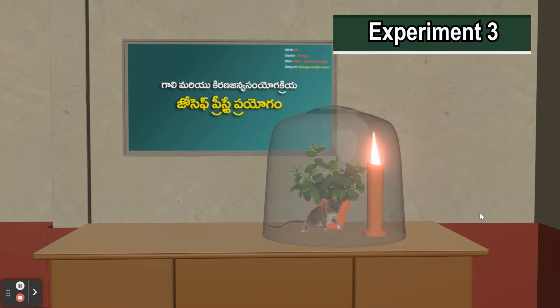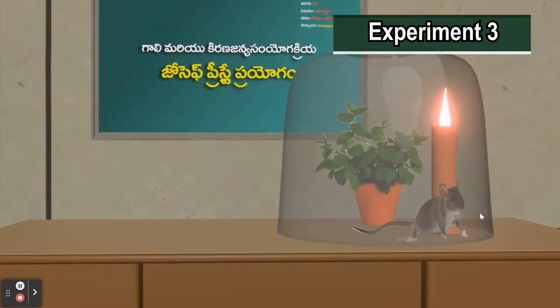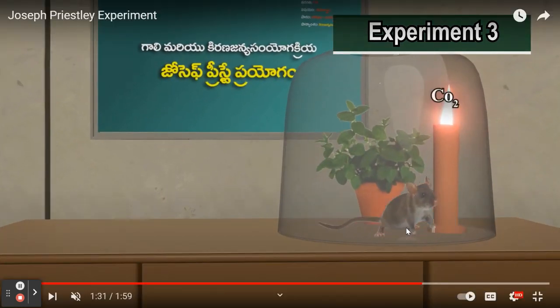Now, the mouse gets in the oxygen, takes it in, and then he's also expelling CO2. So the CO2 goes in this way in the plant, and the CO2 from the flame goes in the plant. So just in case you did not know, to fuel a fire, you need oxygen. That's why some people blow on a flame to increase the flares, to make it grow bigger.